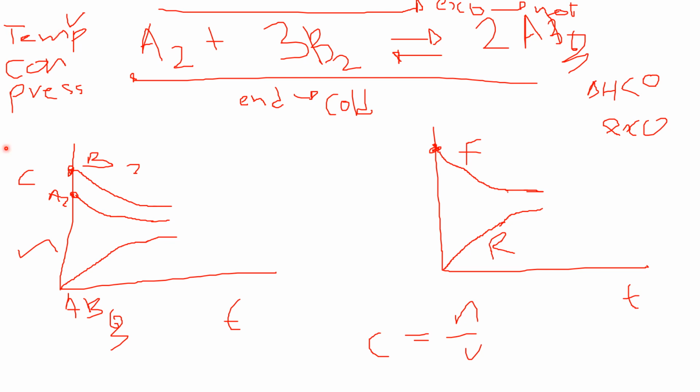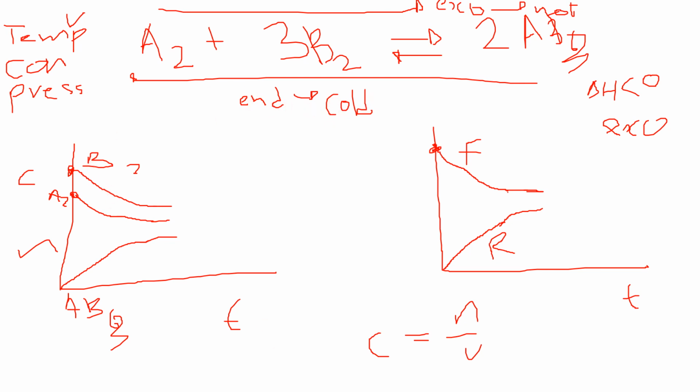So a temperature decrease favors an endothermic reaction, because if you increase the temperature, the system will want to make the reaction cold, which means endothermic will be favored. So an increase in temperature will favor the reverse reaction, because an increase in temperature favors a cold reaction, which is endothermic.